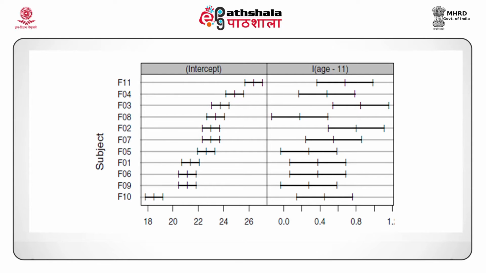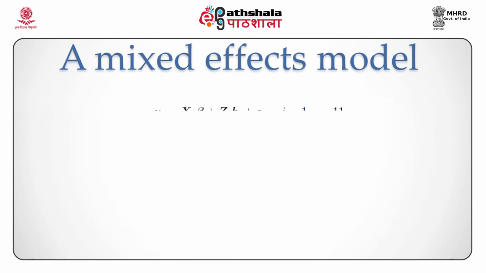For the previous example, it would be given by yi, the vector of observations on the ith subject, equal to xi beta plus zi bi plus epsilon i. So yi is the entire vector of the growth measurements taken on the ith boy or the ith girl repeatedly across the 11 ages.